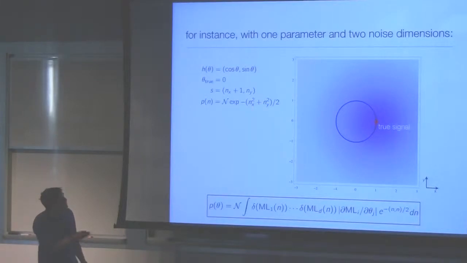Therefore, the shade here tells me what the likelihood is, actually the probability of a point of the signal being moved away by noise. So a noise realization will displace me away, and the likelihood of this displacement is the color underneath it. Now, for this displacement, what's the most likely value of the signal parameter? Well, it's the projection back to the circle, so it's this theta ML.